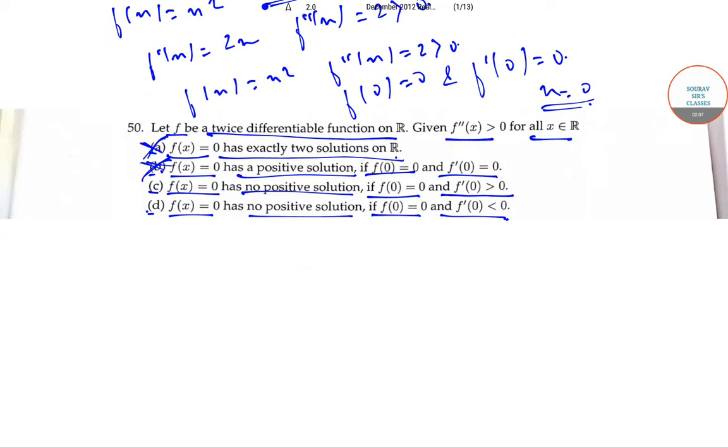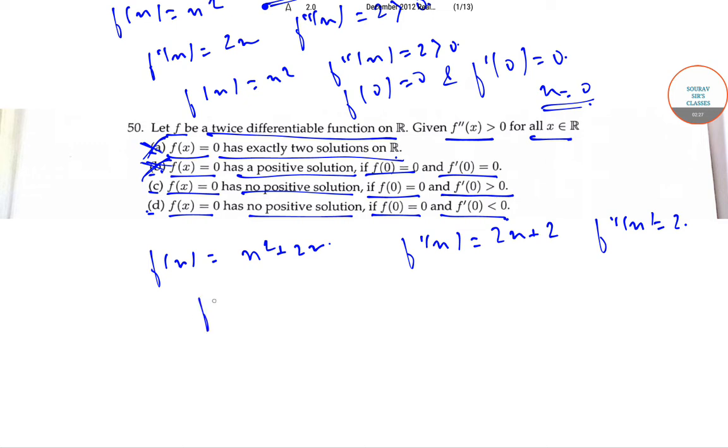Now option C, suppose f(x) to be x squared plus 2x. Then f'(x) = 2x + 2 and f''(x) = 2. Now for this, f(0) = 0 and f'(0) = 2, which is greater than 0.